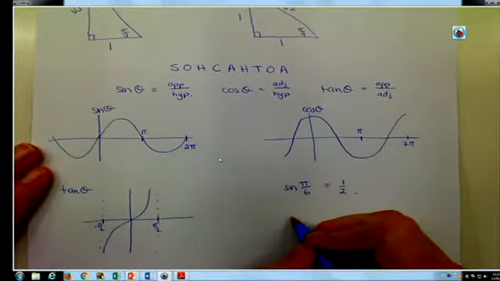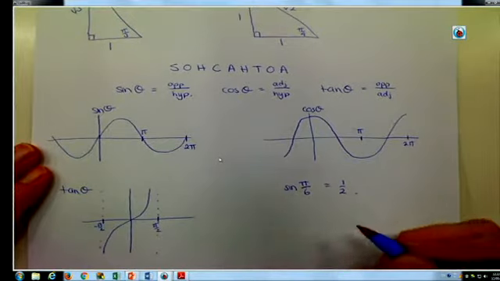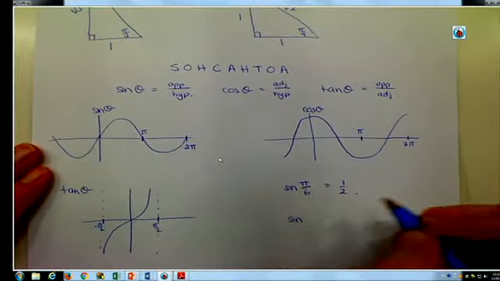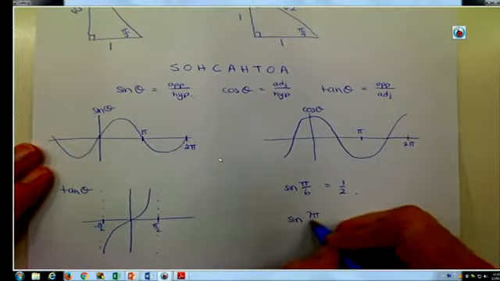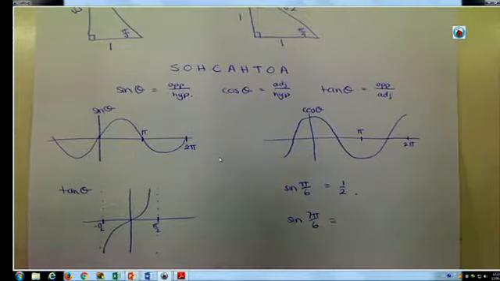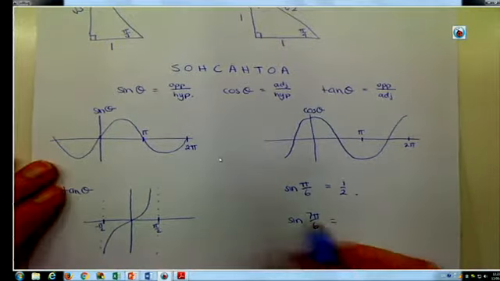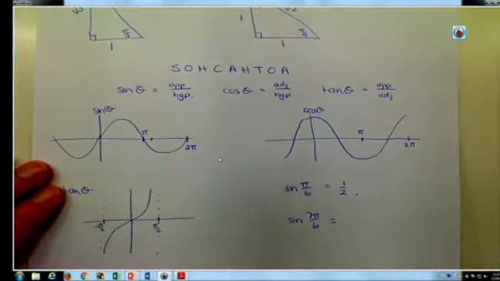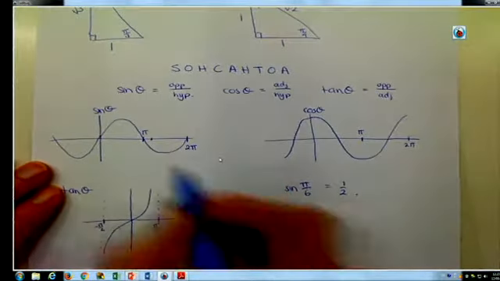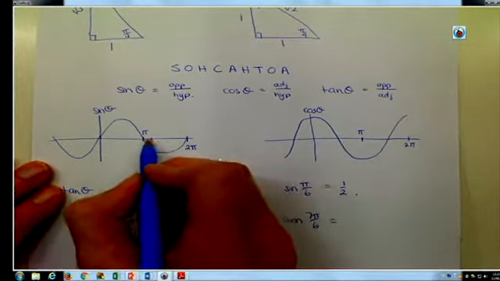What if you wanted to do one that's a little bit harder, sine of 7 pi on 6? Well, that's more than 1, that's like 1 and 1 pi on 6, that's here. Pi on 6 is the important angle.